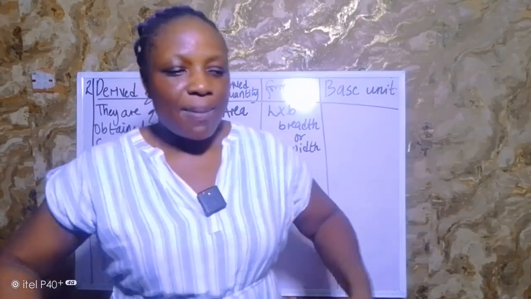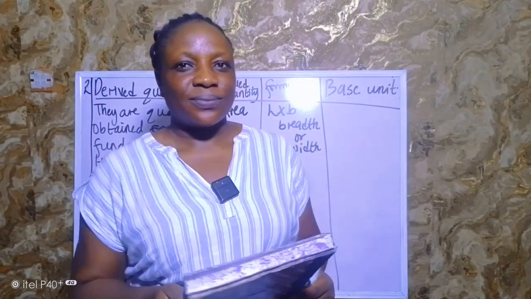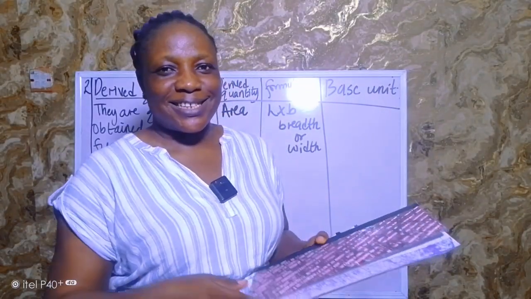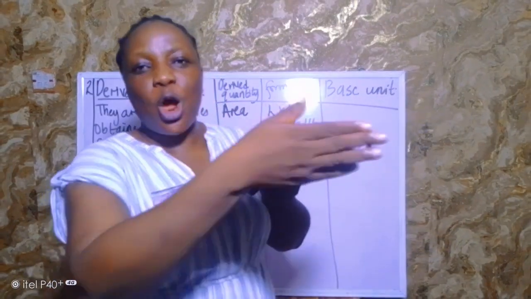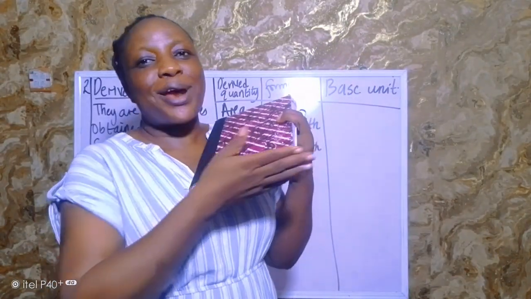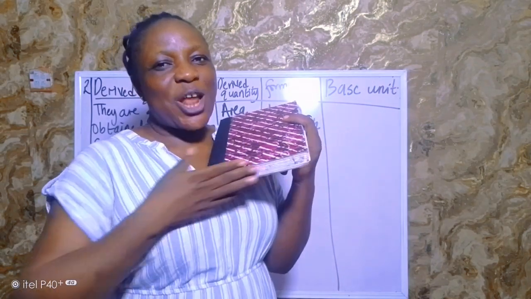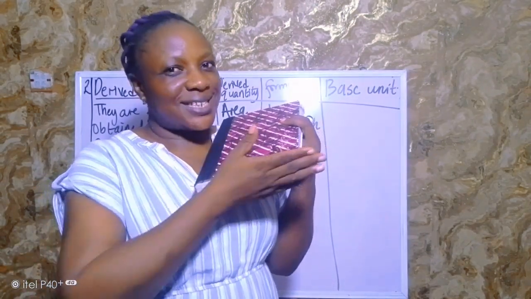Why? Because it's telling us how wide something is. Example, are you seeing this book? Here is the length. The length is telling us how long the book is. Now here is the breadth or the width. It's telling us how wide this is.